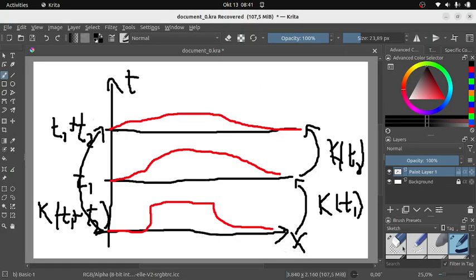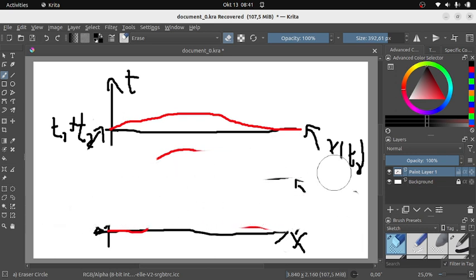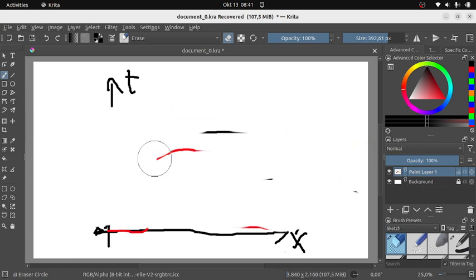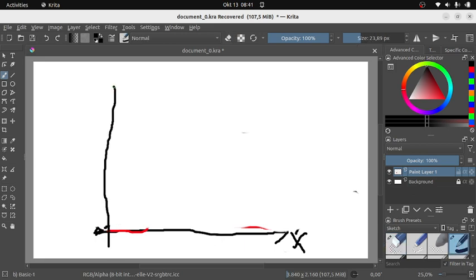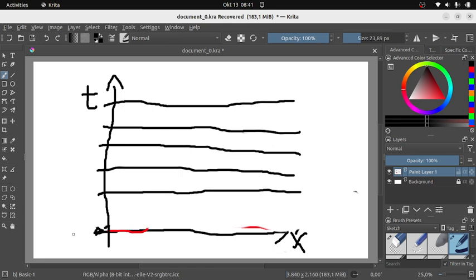So if we go back to Krita, all that this is saying is that, suppose this is the t that I want to evaluate, right? I can break this interval into several segments.